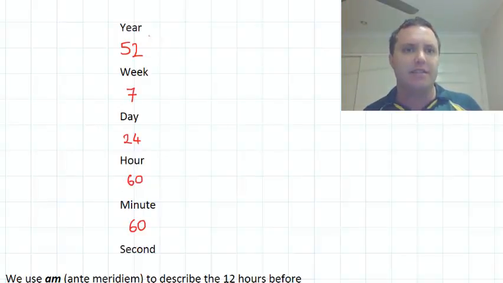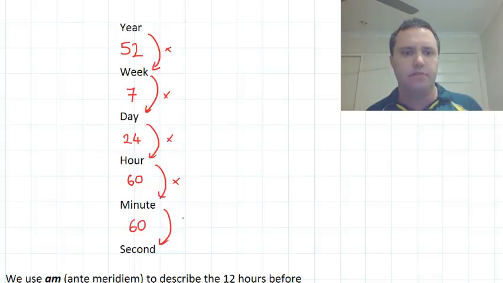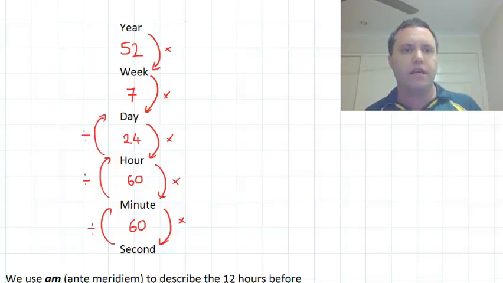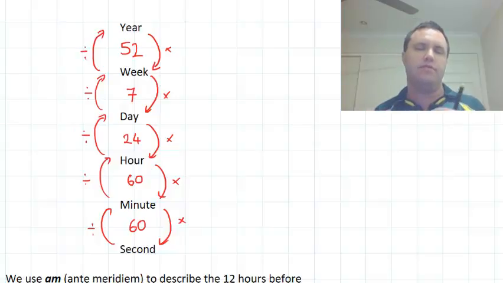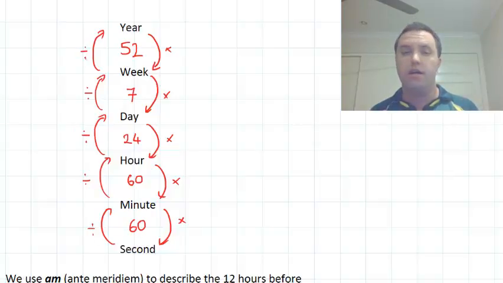Similar to the way we've seen before, when we're going from years to weeks, you multiply, and we divide when we're going back up this way. Now, one of the more particular calculations you want to remember is the one to go from hours to seconds.